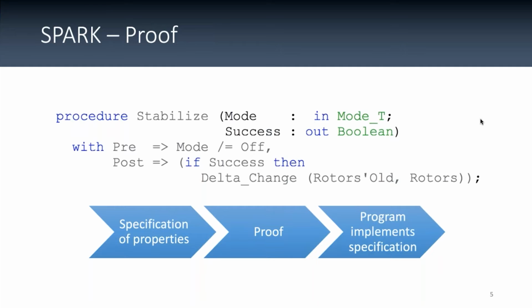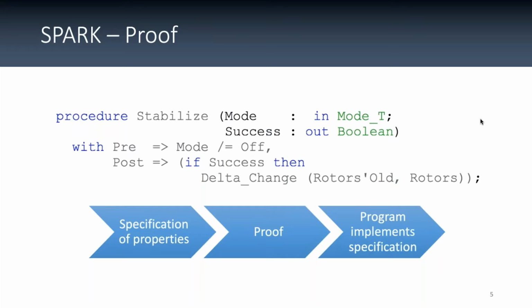So for example, here we add what we call a precondition. That's a constraint on the caller of Stabilize, with this word Pre, that specifies that the parameter Mode should be different from Off, the special value. And in the postcondition, there's something a bit more complex.